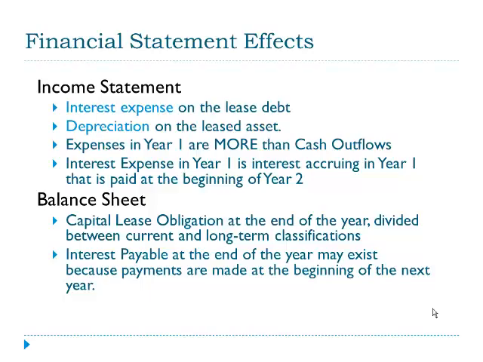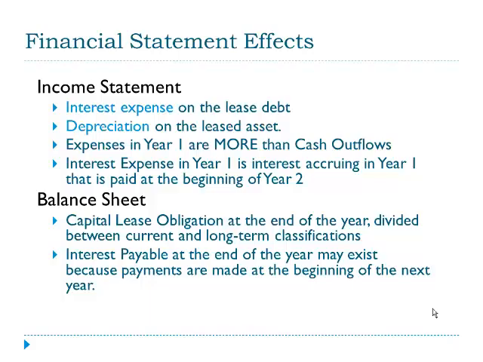In this way, an operating lease, which would have recognized just the $32,000 as rent expense, would be a classification choice that would make net income higher than a capital lease that recognizes interest expense and depreciation expense.